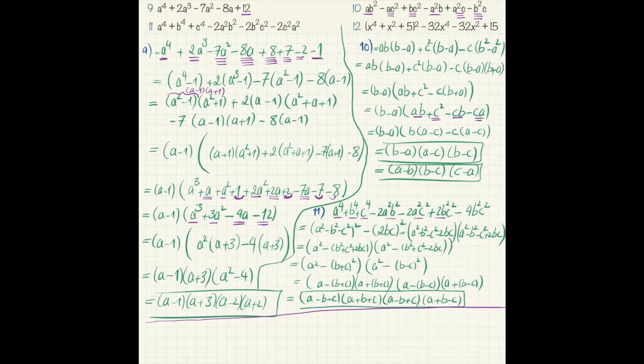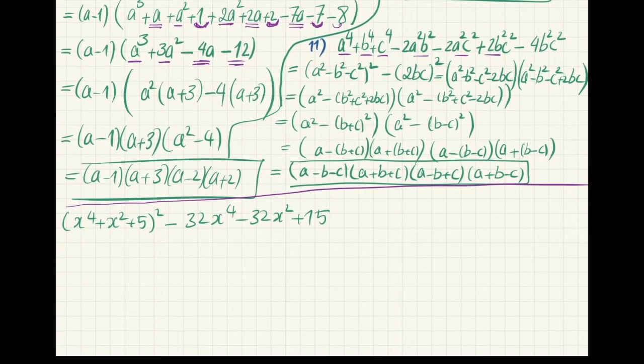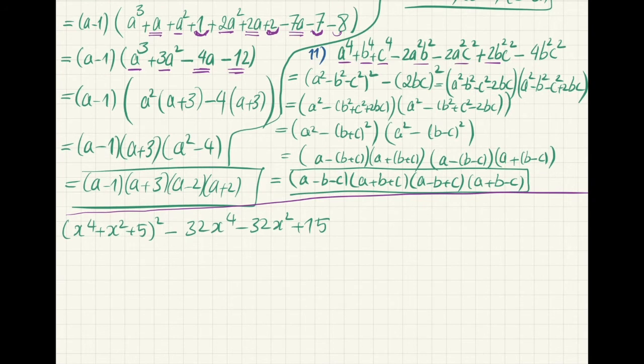So this is x to the 4 plus x to the 2 plus 5 to the 2 minus 32x to the 4 minus 32x to the 2 plus 15. Yes. Okay. Now we can make the video bigger and we can concentrate here. So that is the expression that I want to factorize.